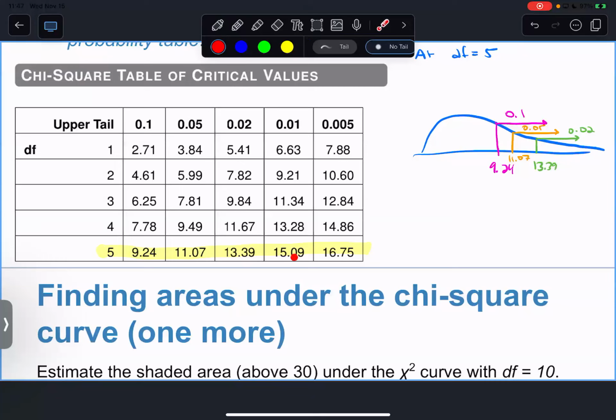And then I'm running out of space, but 15.09 and 16.75 would each have those smaller areas in the tail.